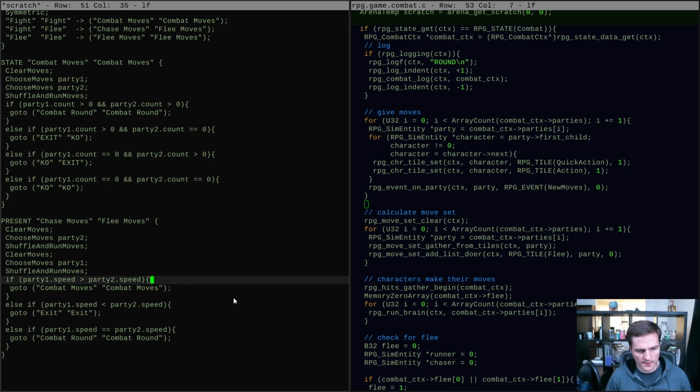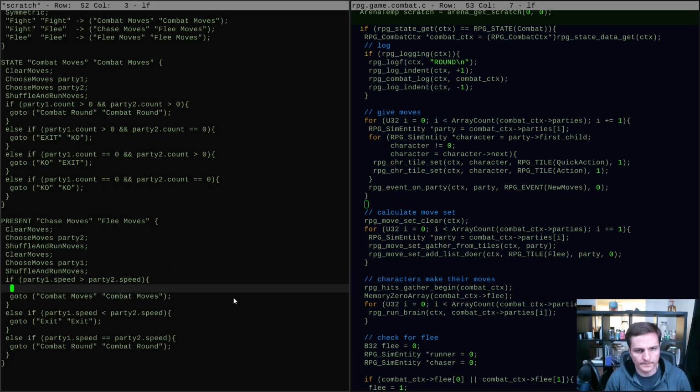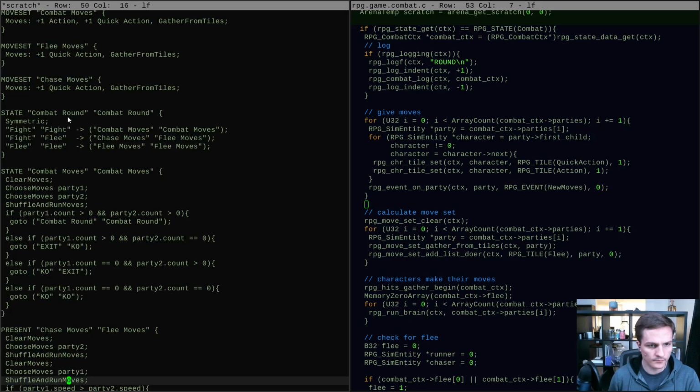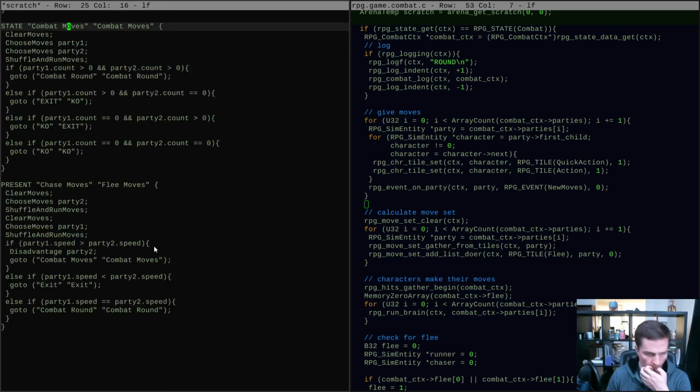Now, I also want somehow to set up a modifier here that's going to temporarily make this resolve a little differently.